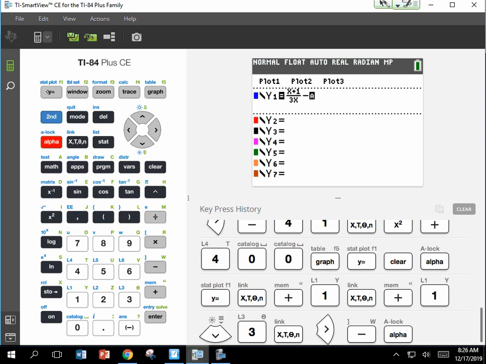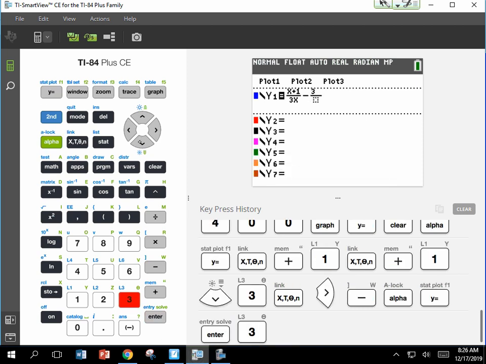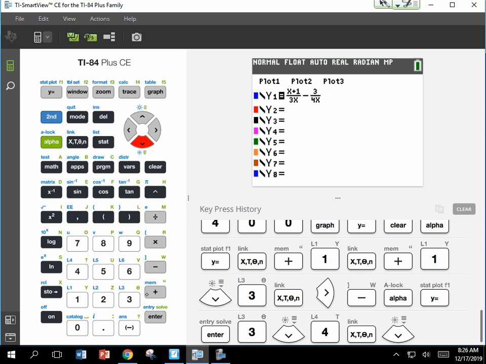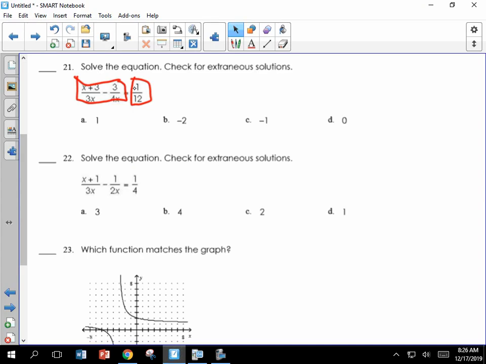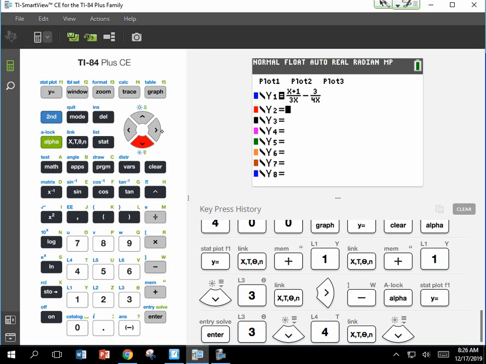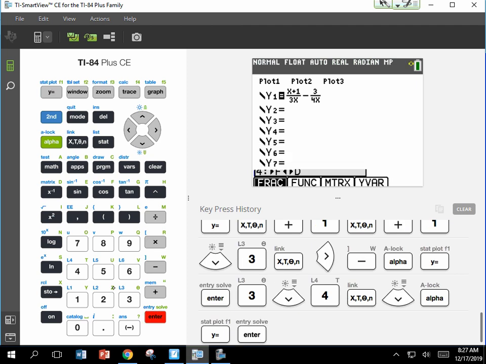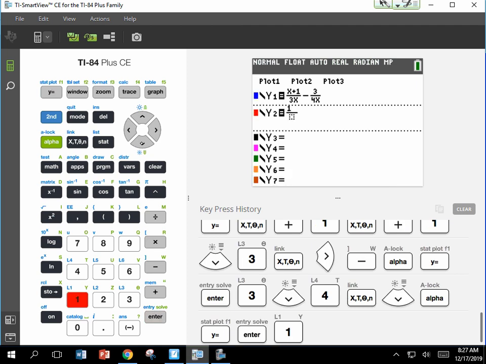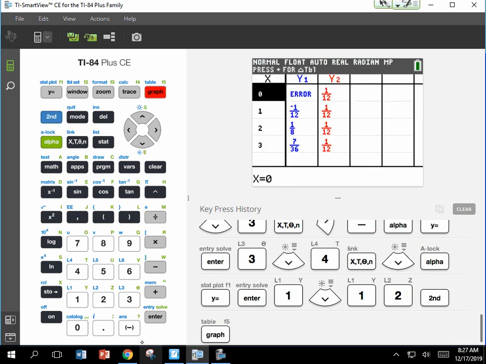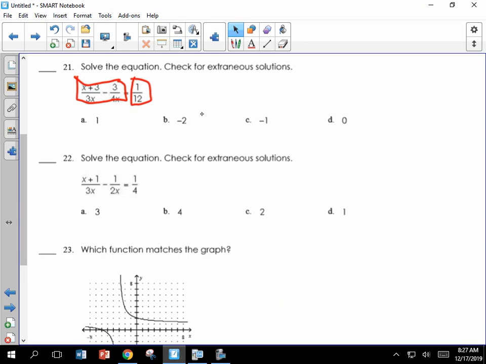Minus 3 over 4x. The second part after the equal sign goes in the y2. So y equals 1 over 12. And I'm going to go to the table, second table. Now what I'm looking for is these answers right here.